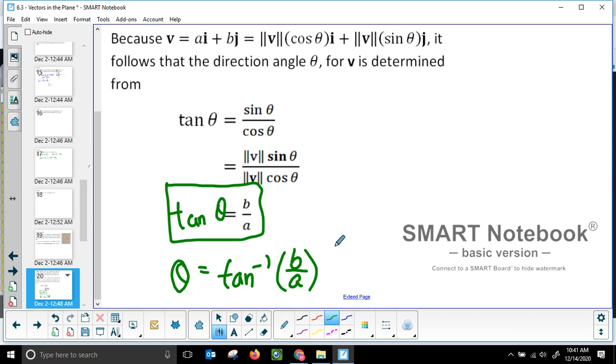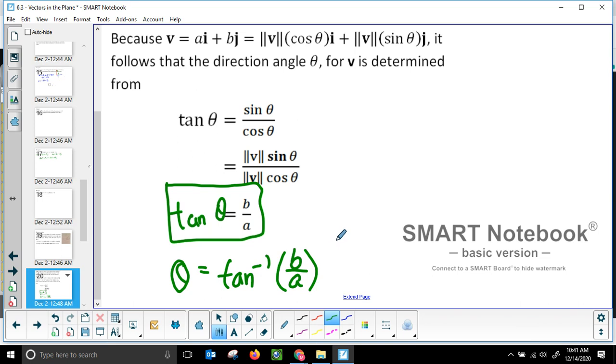If you know you're supposed to be in quadrant 3, then the inverse tangent will give you a positive angle, which will be in quadrant 1. You add 180 degrees again, and it'll take you to quadrant 3 where you want to be.